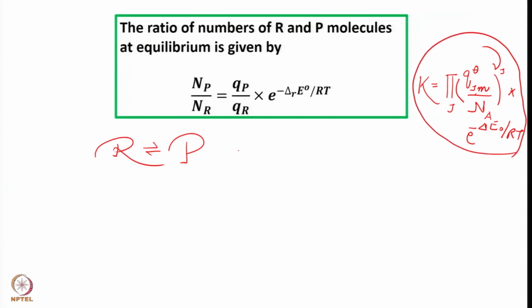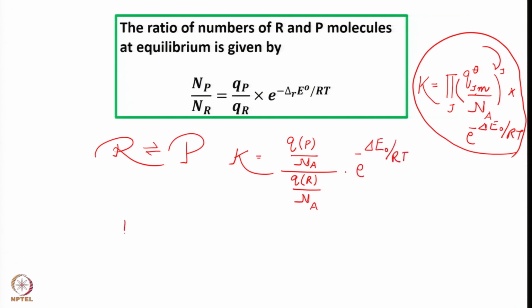So for this, what I will write, Ka is equal to partition function of product, of course standard state, divided by Na, whole divided by partition function for reactants divided by Na, into exponential minus delta E naught by RT.